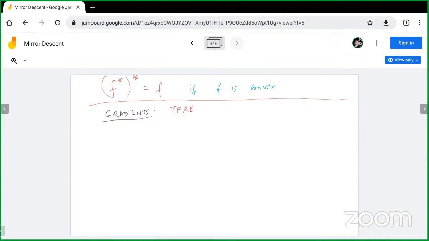Suppose y is a subgradient of f at x, then x will also be a subgradient of the dual at y. And in fact, your Young-Fenchel inequality will be tight.